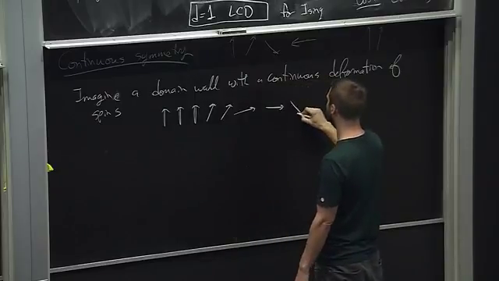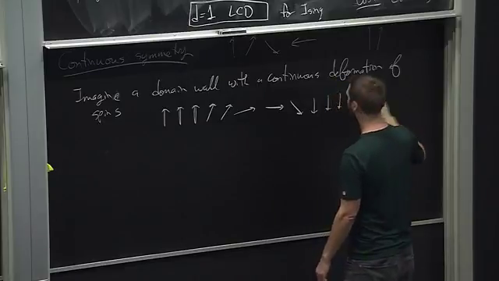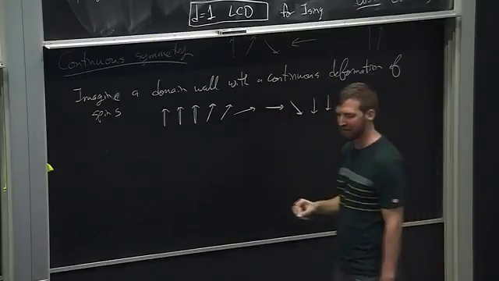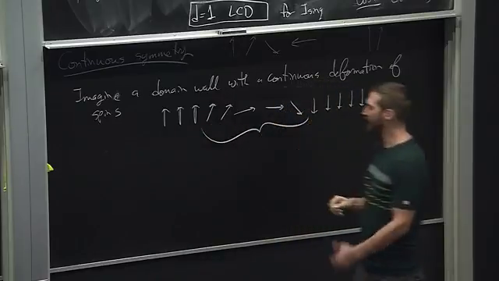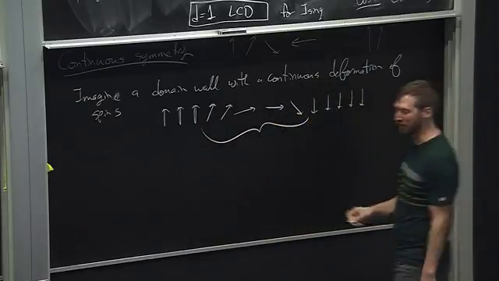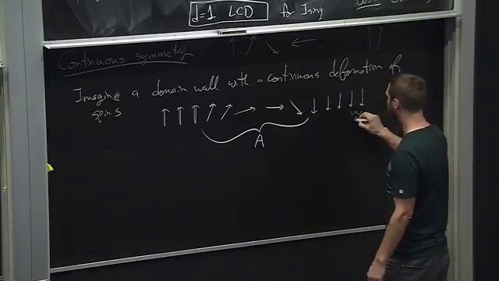So weird. Okay, let's do that. All right, that's not perfect. There's some length scale now over which I've smeared out this domain wall. Call it A. You still have a lattice spacing, which is a.